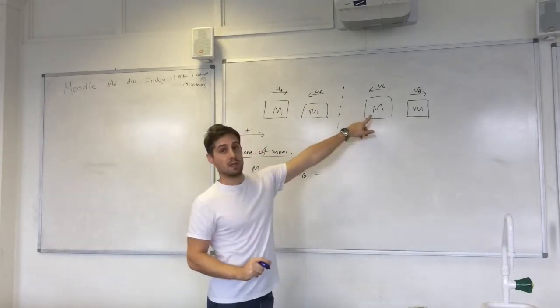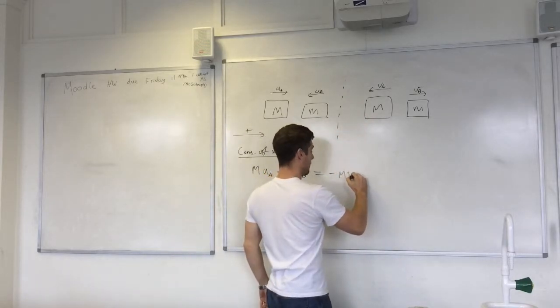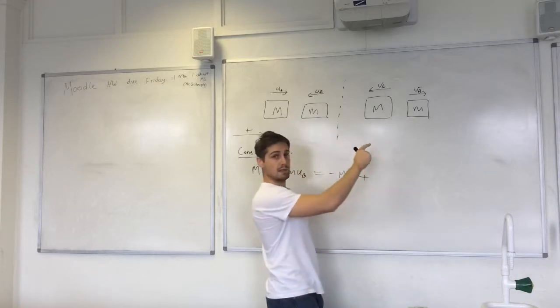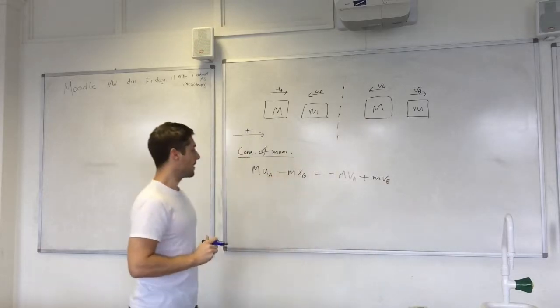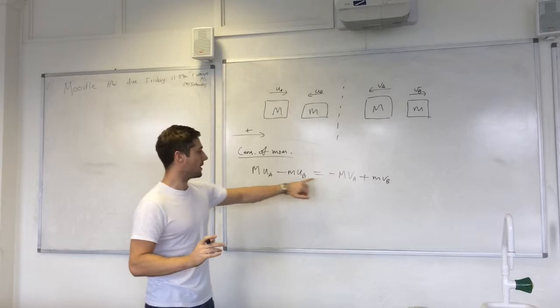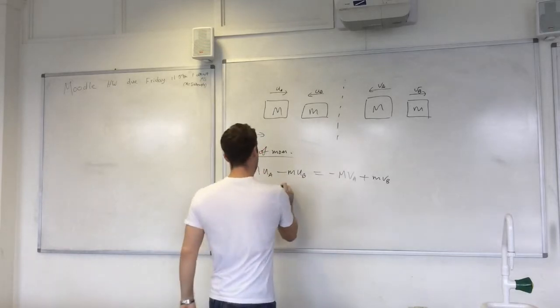We've got this moving in the negative direction, so this is minus MVA plus mVB.